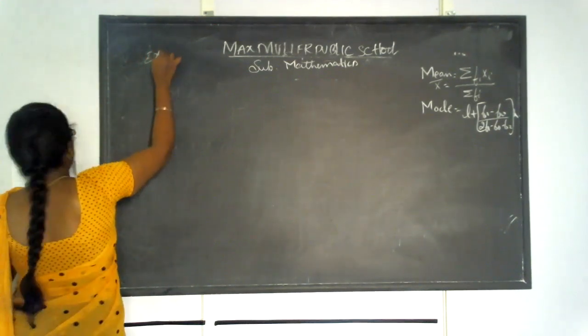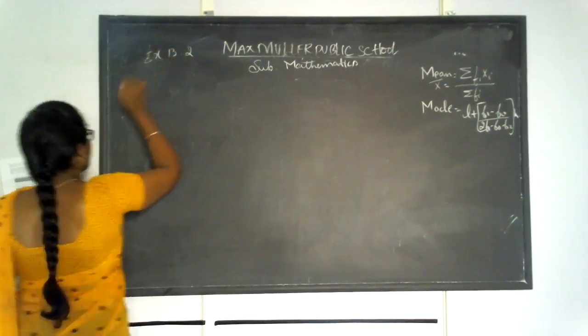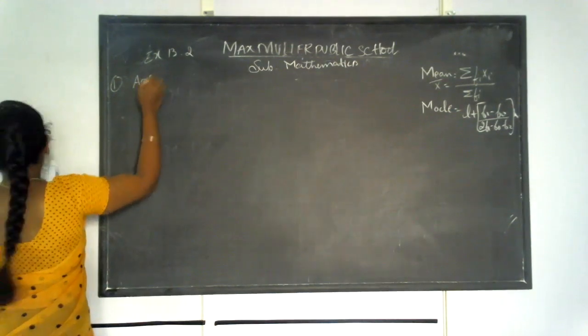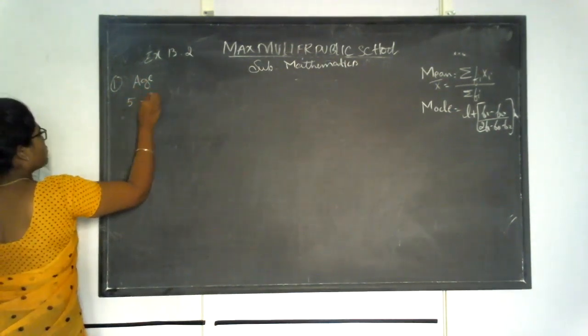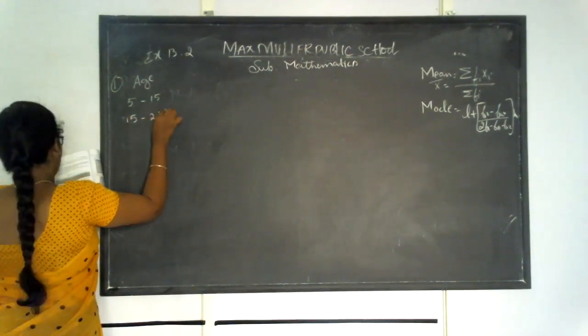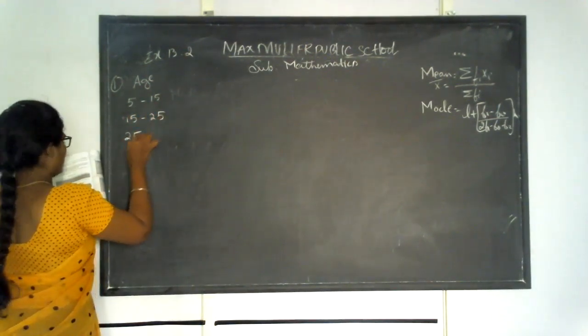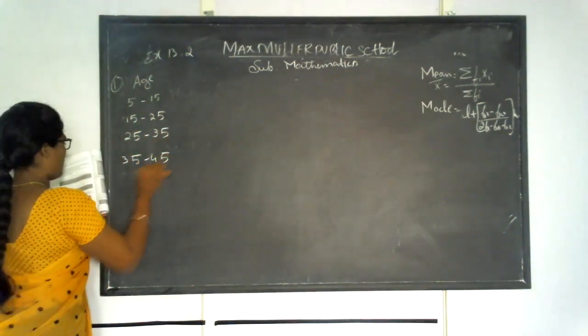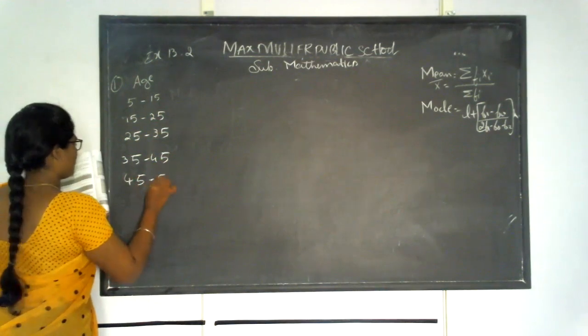Then exercise 13.2, first sum. What is given? Ages are given. From what to what is it? 5 to 15. Then 15 to 25. Then you have 25 to 35. Then 35 to 45. Then 45 to 55.